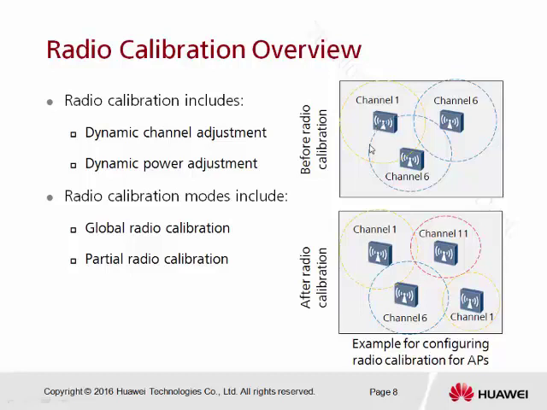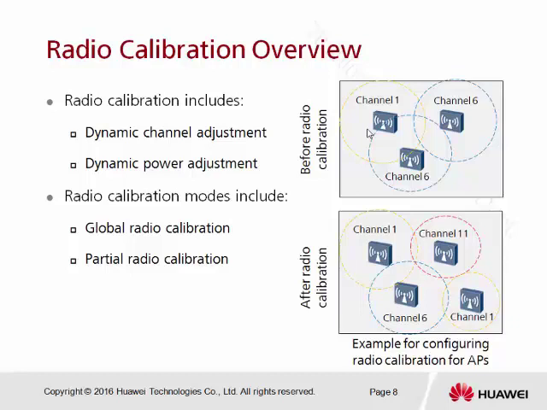As you can see in the before, right here they have channel number 1, channel number 6, and 2 APs using the same channel number 6. After we enable the calibration, it does some calculation based on all the probe requests they send out. They can detect all the interference from the different channels.